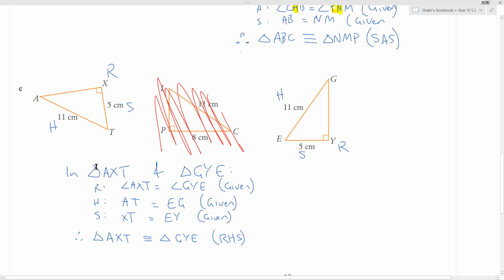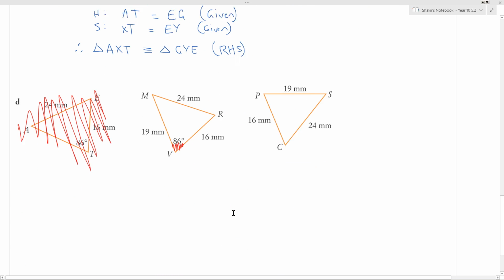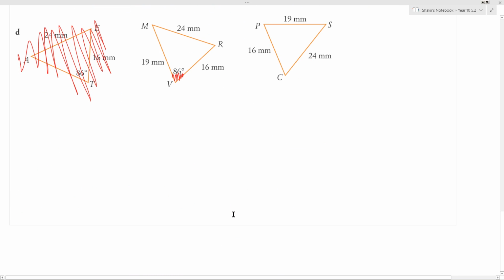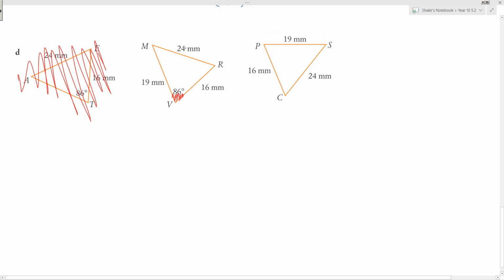So we're saying this is our introduction in triangle AXT and triangle GYE, and then we list out 3 facts. We need 3 facts because you need R, H, and S, right? So we give R, we give H, we give S, and we do our conclusion. Therefore, this triangle is congruent to that triangle, and the reason, the law, so to speak, that we've used is RHS.